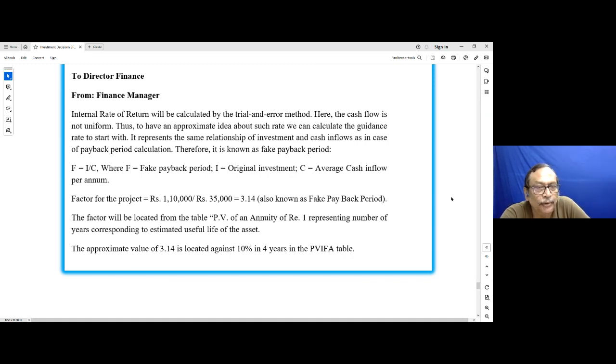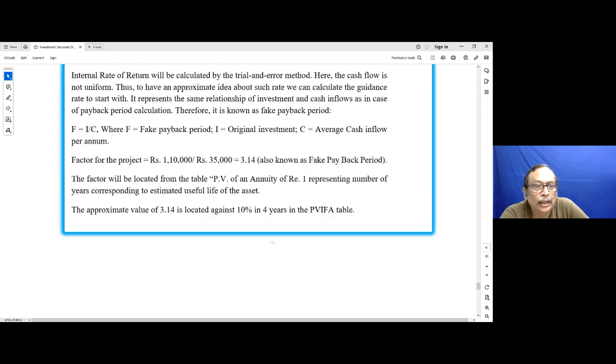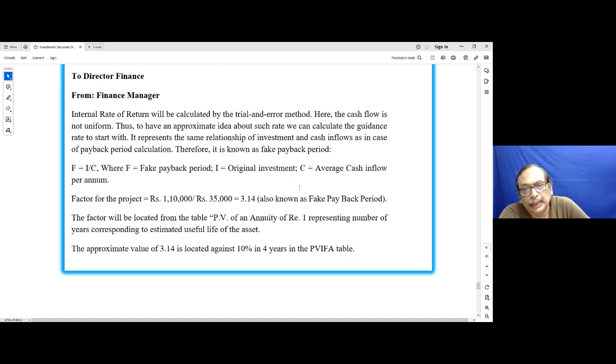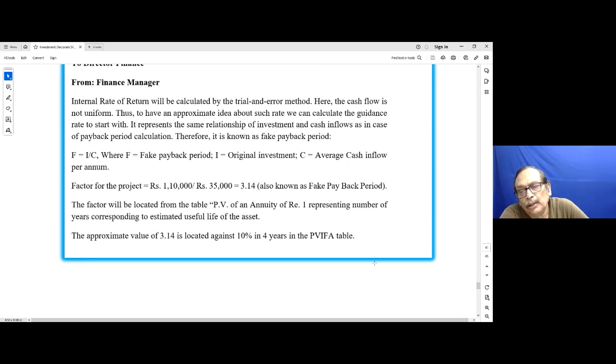F stands for fake payback period, that is I divided by C, where I is equal to original investment, C is equal to average cash inflow per annum. Factor of the project, that is 1,10,000 divided by 35,000, that is 3.14, also known as fake payback period.